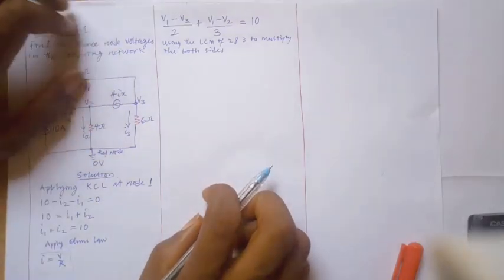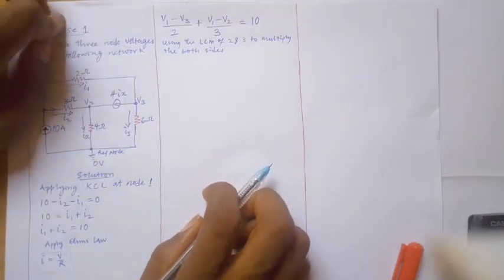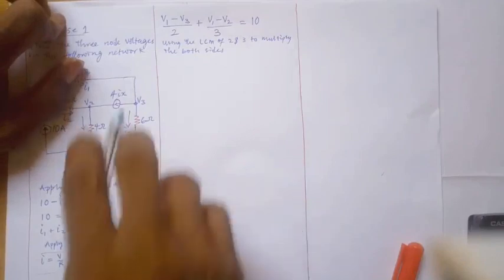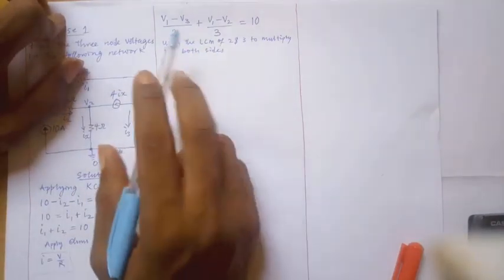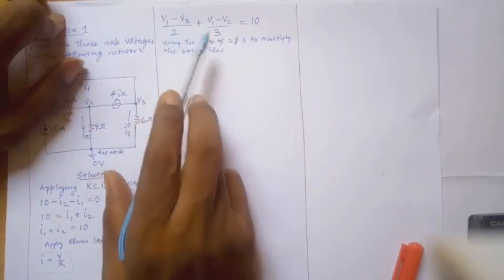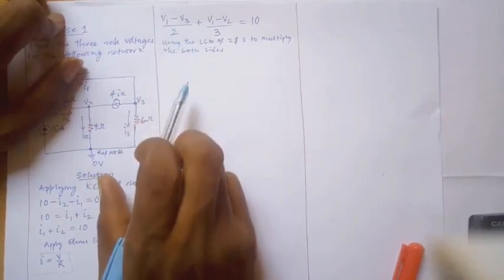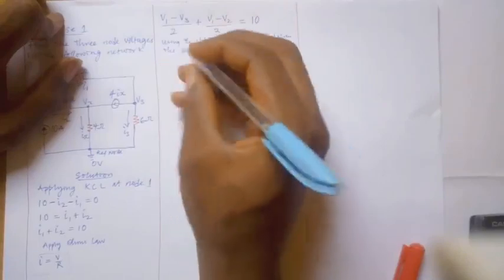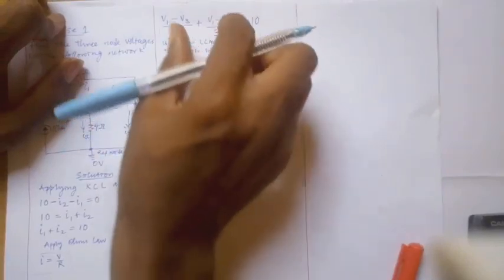Now, how are we going to do that? By using the LCM of 2 and 3 to multiply both sides. You already know that the LCM of 2 and 3 is 6, because 2 can go in 6, 3 can go in 6. Good. So you will now do it like this. You will now put everything in bracket.